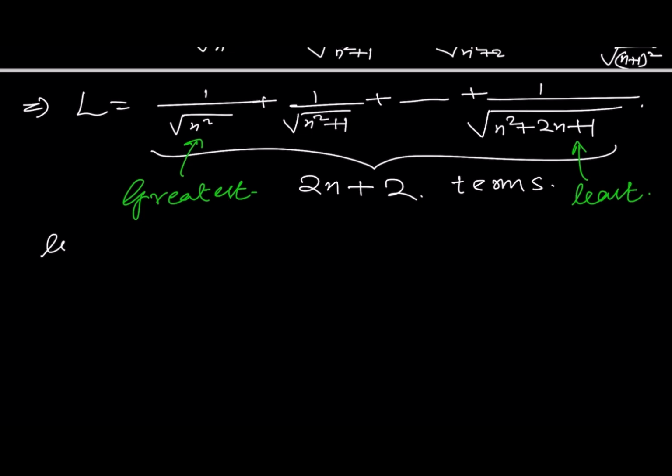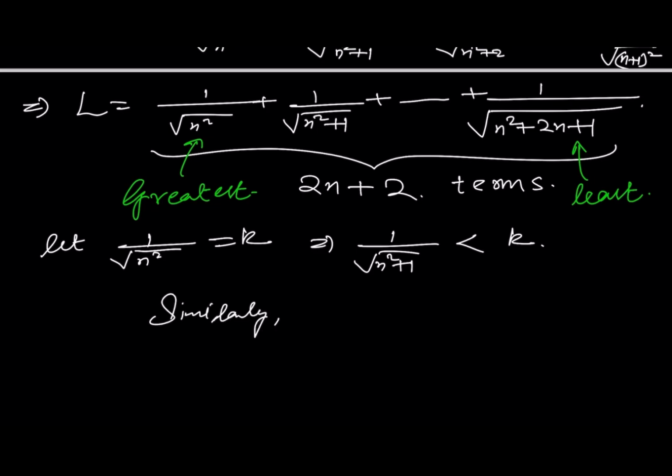So let 1/root(n square) be equal to k. As 1/root(n square) is greatest, then 1/root(n square + 1) is less than k. Similarly, 1/root(n square + 2) is also less than k, and so on, right?